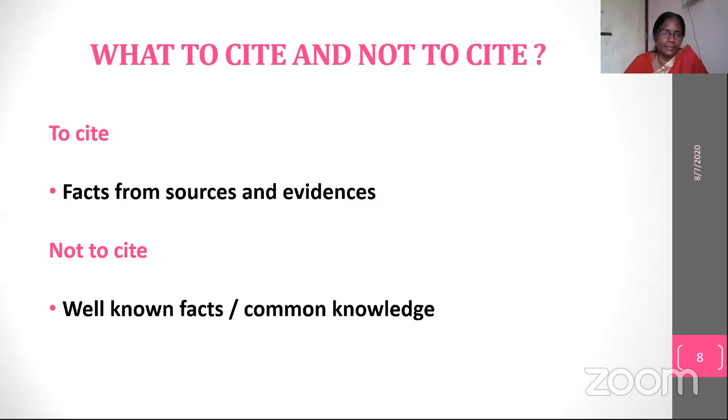Suppose there is a well-known fact or common knowledge, there is no need to place citations or references. So common facts do not need any references, but facts do need references.